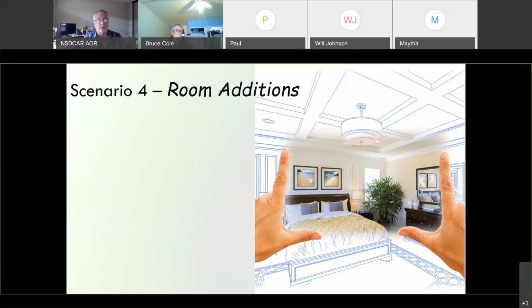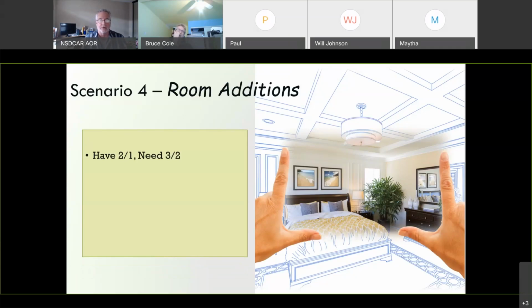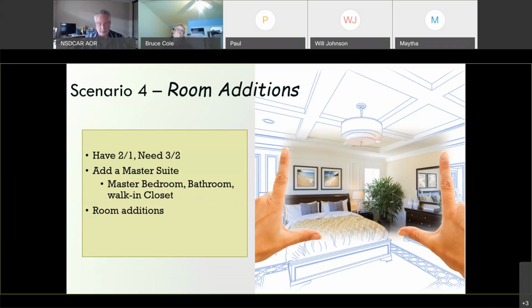We can also do room additions. So we can add a master suite to that property, all sorts of types of adding square footage to the property. We'll talk about ADUs and granny flats in our next webinar. But there is one caution here.